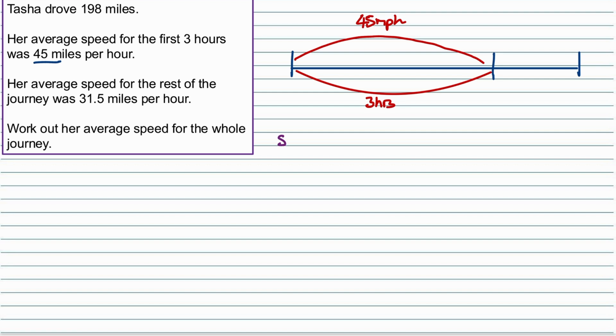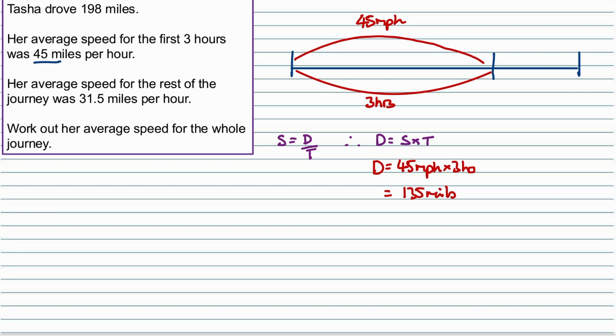And we know that speed is distance divided by time. So therefore, the distance will be the speed multiplied by time. So the distance will be the speed of 45 miles per hour multiplied by the 3 hours. So we'll get a total distance of 135 miles.